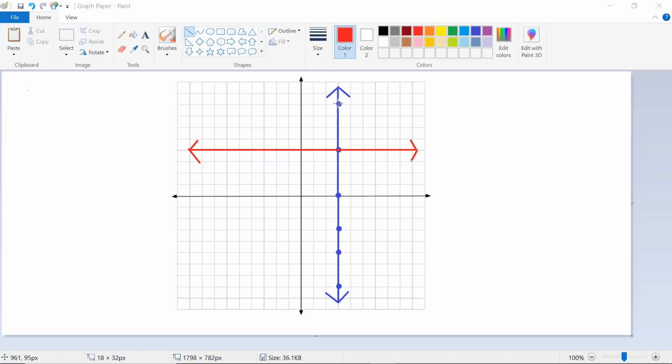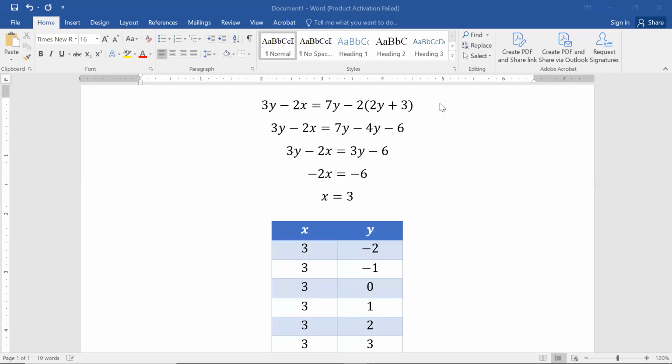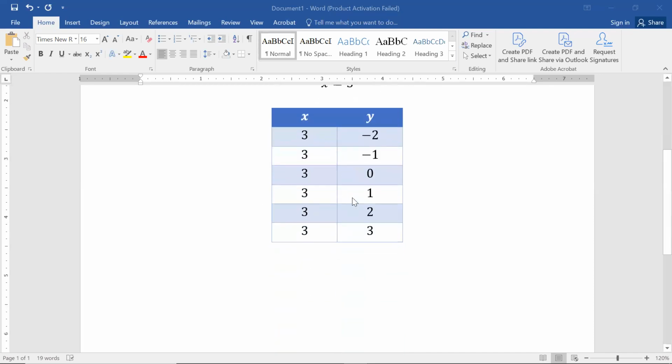But the change in x is 0. That was this line here, x equals 3. We got this table. Going from point to point, the change in x is 0 always.